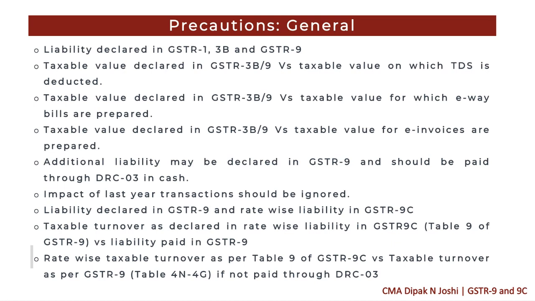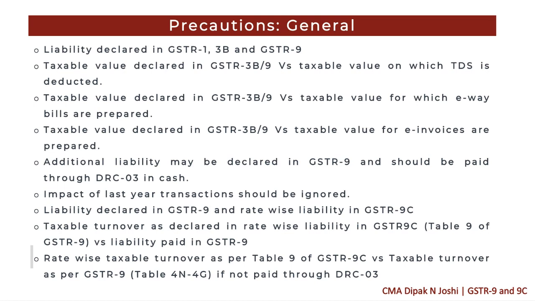So one should reconcile the taxable value as declared on the e-way bill portal with the taxable value as per GSTR 9 or GSTR 3B. Because after 2 years, the department will raise a show cause notice on this point. And in such cases, they are directly charging section 74, saying that this is suppression of sales.